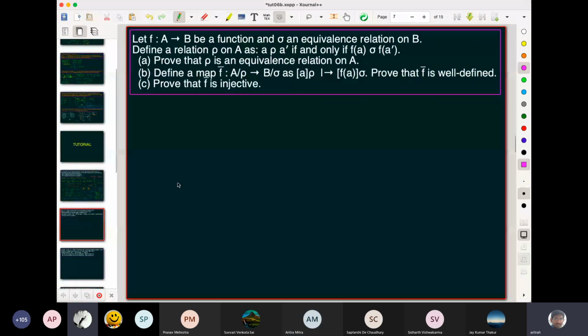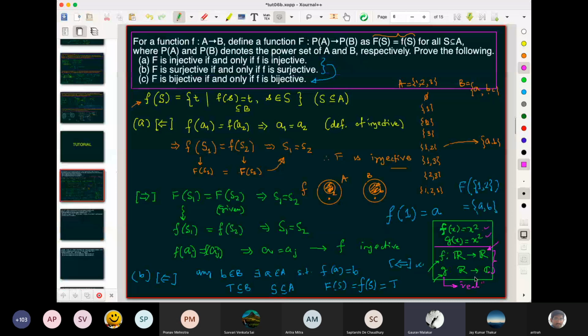So if G goes from R to R plus, then we can say that G is onto but F is not. So that will create one difference. Can we actually do R to R plus? We have to include 0.